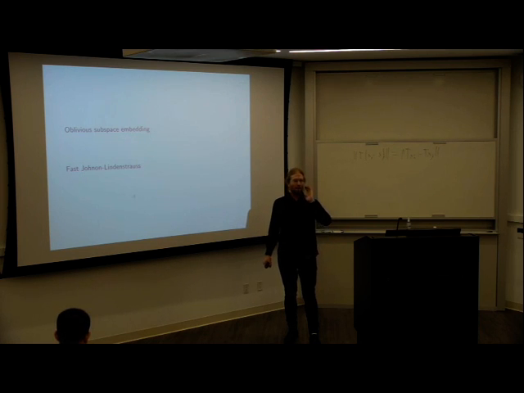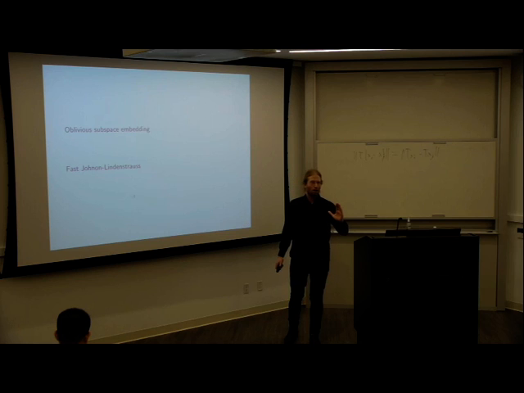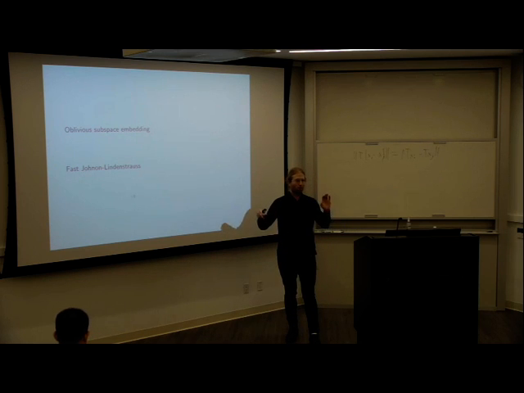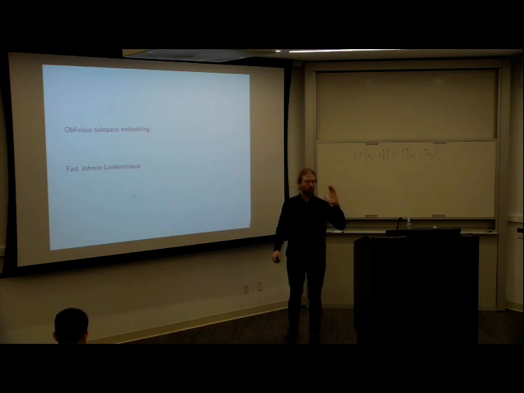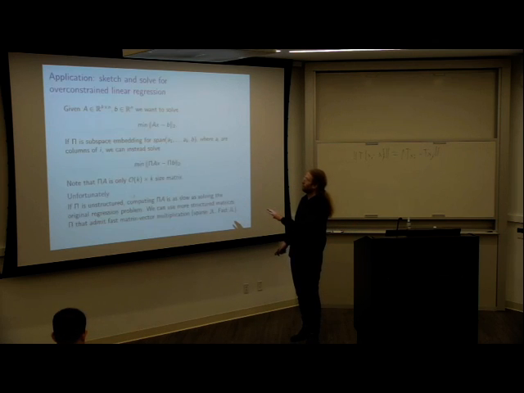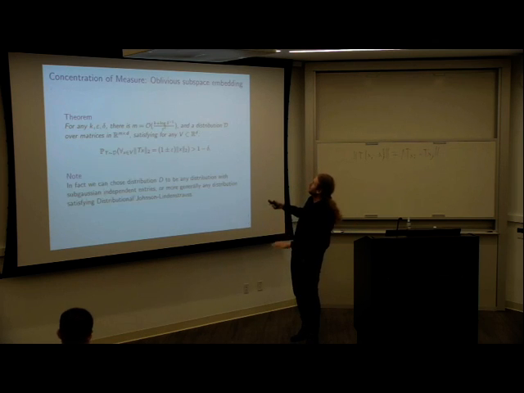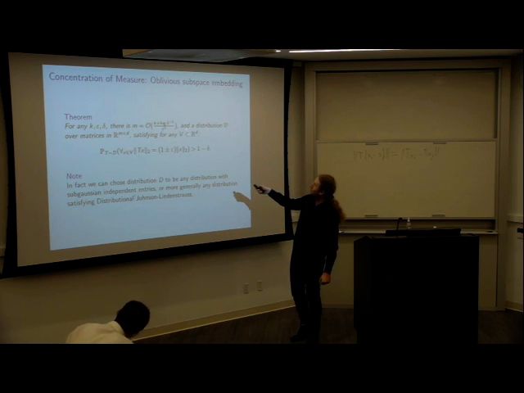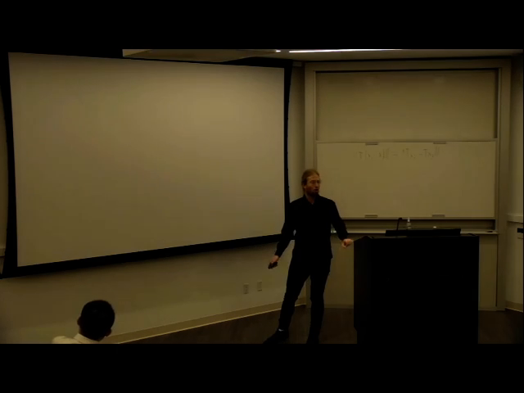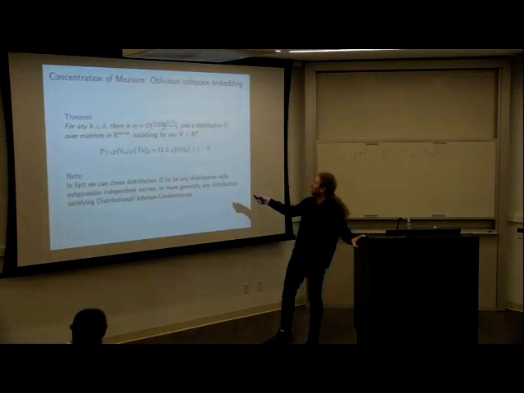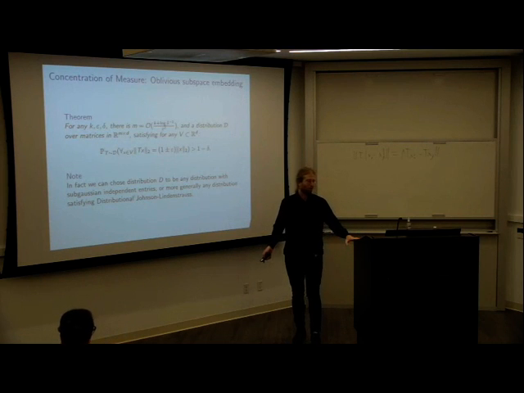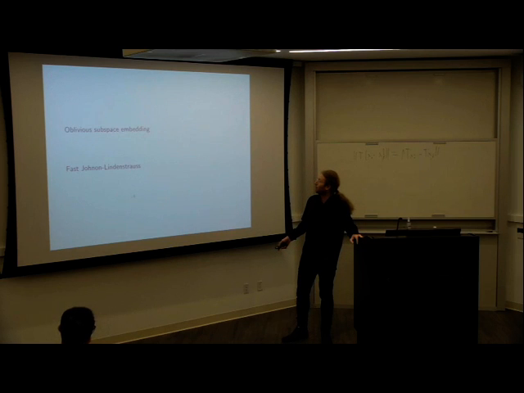So for any k-dimensional subspace, I can use the same distribution to project into something of dimension k over epsilon squared and preserve all the norms of vectors in this subspace. And again, the important thing about this subspace embedding is that I have a single distribution that does not depend on the subspace V. So this is the first step.